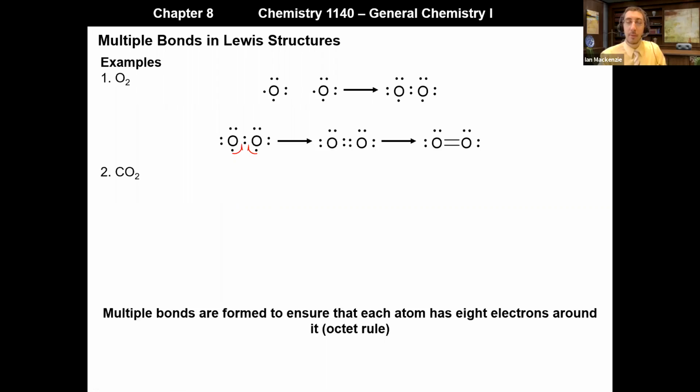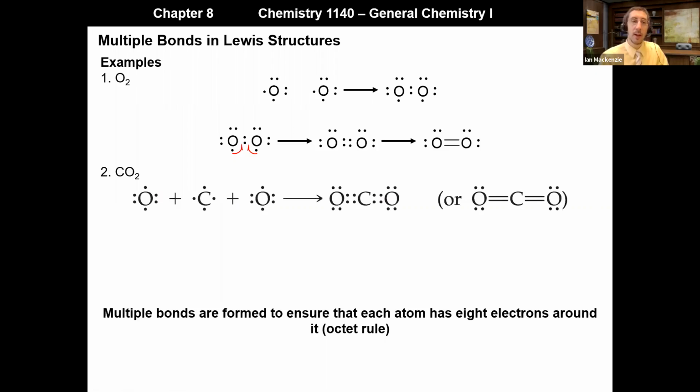A couple other examples I'll show here. CO2, we can again look at the Lewis structures, and you can see the Lewis structure for oxygen is drawn a little bit differently here, but if we simply pair up 1 site on each, we'll notice that each of the oxygens will have only 7 valence electrons around them. Carbon will only have 6.